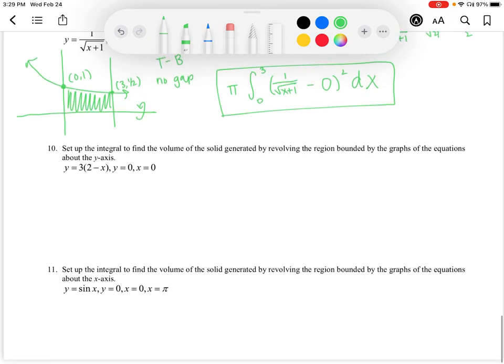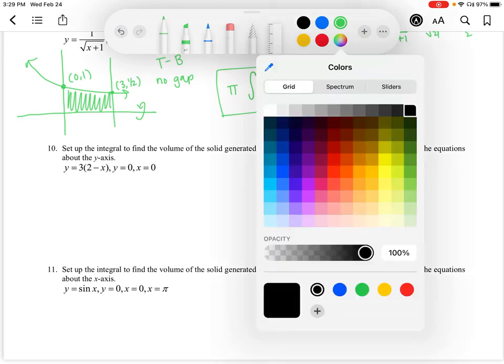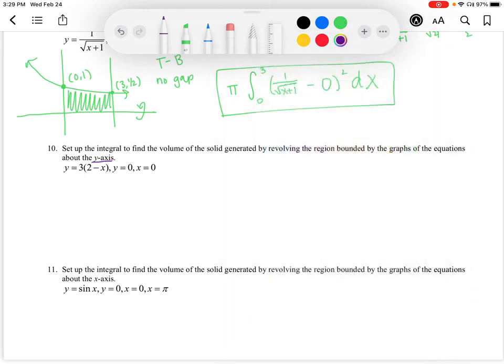All right, 10. Set up the integral, all the same directions, but now we are looking at the y-axis. So let's draw our graphs. If I have y is equal to 3 times 2 minus x, that's the same thing as y is equal to 6 minus 3x.